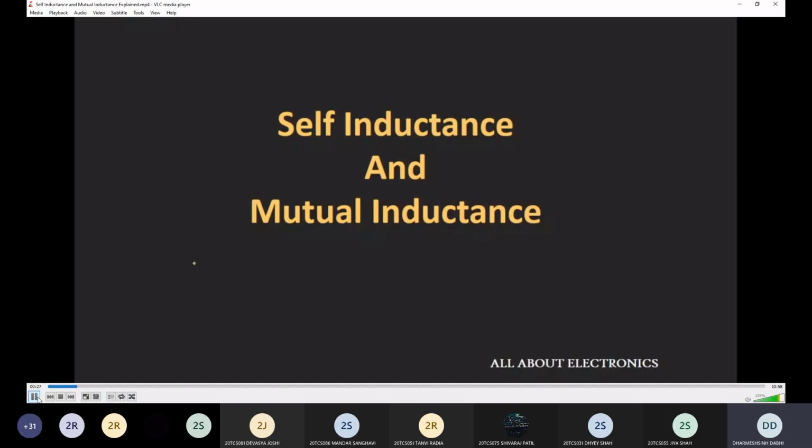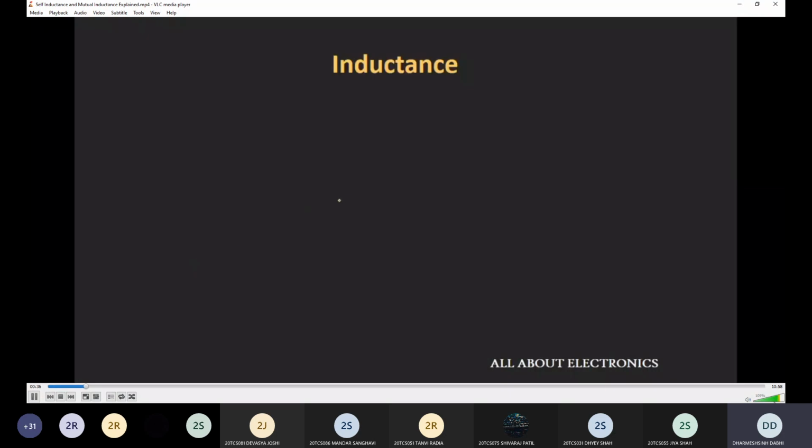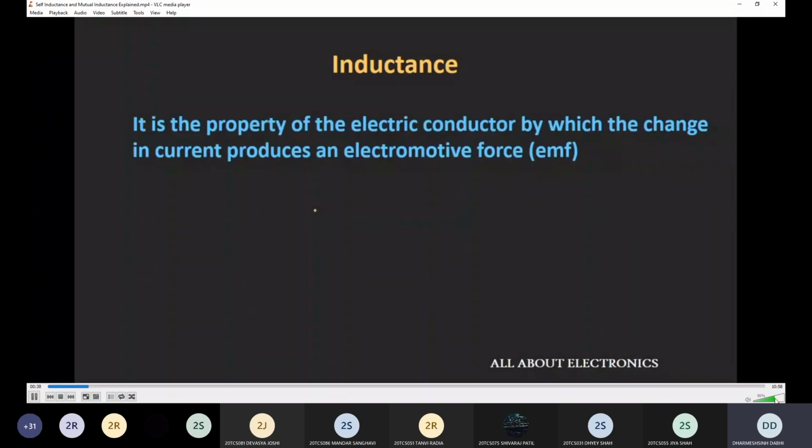We will understand the concept of self-inductance and mutual inductance, and then we will derive the expressions for the self and mutual inductance. So let's first see inductance. It is the property of an electric conductor by which the rate of change of current produces an electromotive force or EMF. Let us say we have one coil and the current I is flowing through this coil.